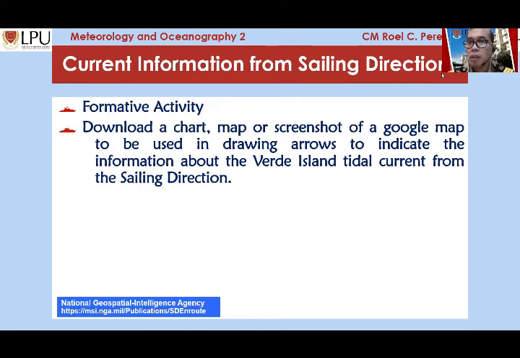I will post a screenshot in our LMS regarding this information. These are the information from the sailing direction en route Philippine Islands.